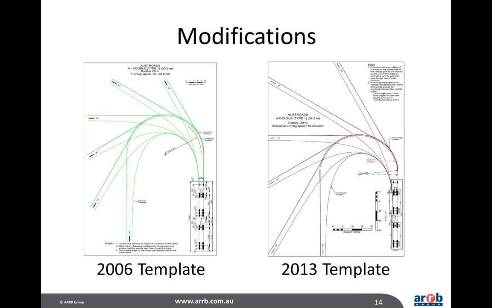And just to clarify, when I was talking about long B-doubles and B-triples, what I was saying in that answer was that the B-triple vehicles that we have produced templates for here are essentially level 3 PBS vehicles. They'll be in a range very similar to the results you would get when turning with a long B-double.